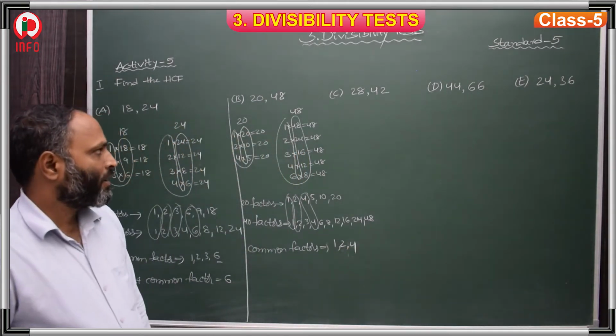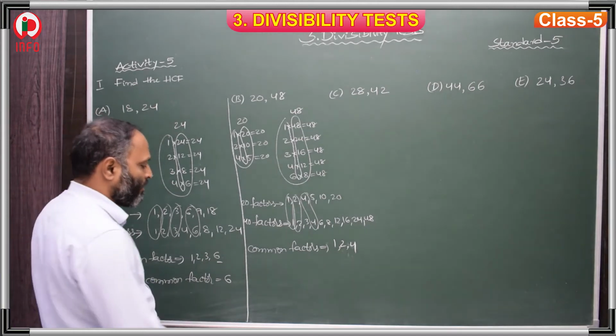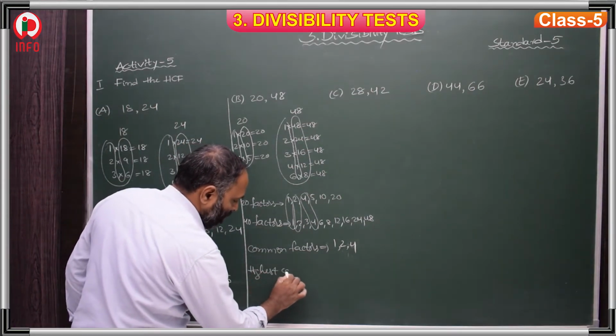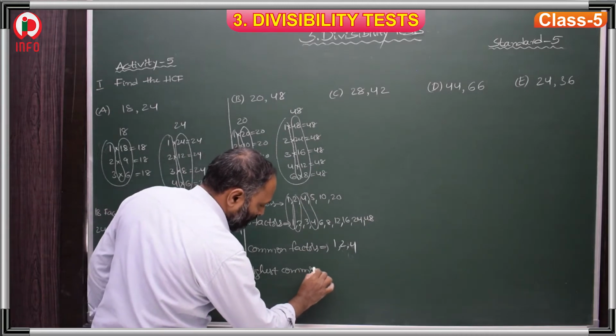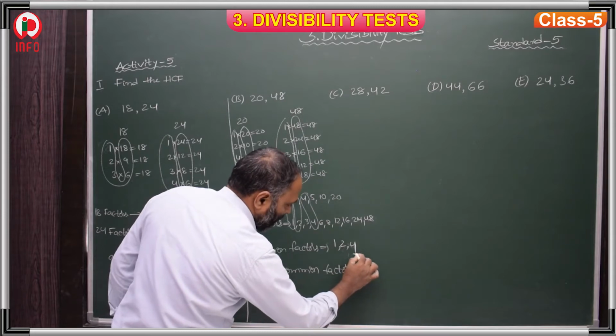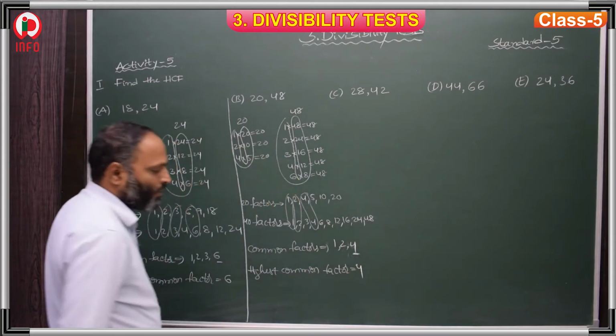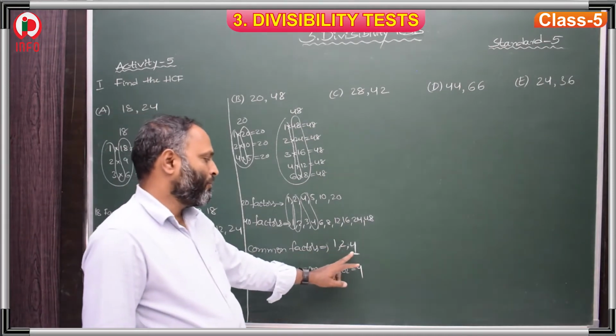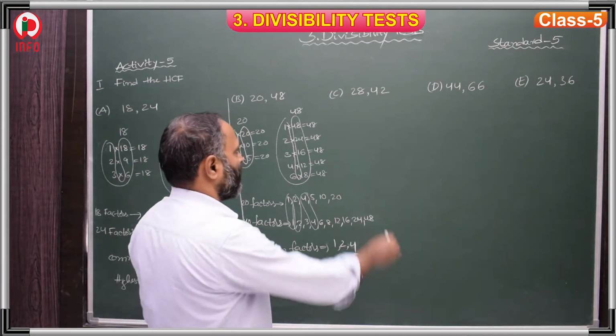In this 1, 2, 4, what is the highest common factor? The highest common factor is 4. In 1, 2, 4, 4 is the highest common factor.